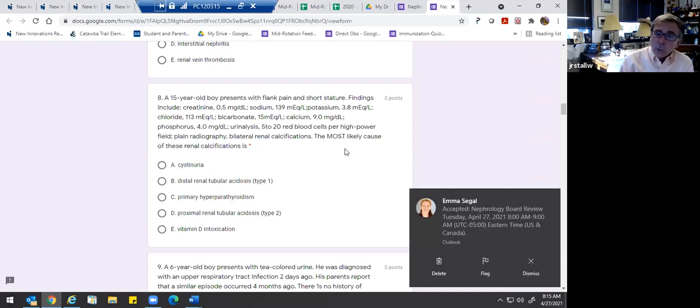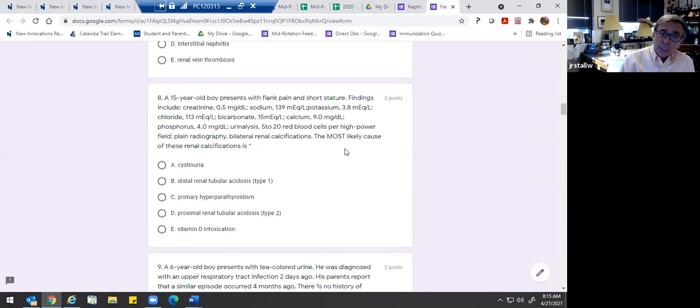Cystinuria, why would cystinuria present at 15? Well, it could. Now remember, this is cystinuria, not cystinosis. So had cystinosis been there, if you were a test taker, you would understand that cystinosis and proximal RTA cannot be in the same answer because they both go together.